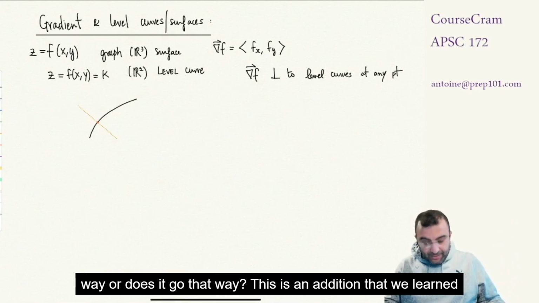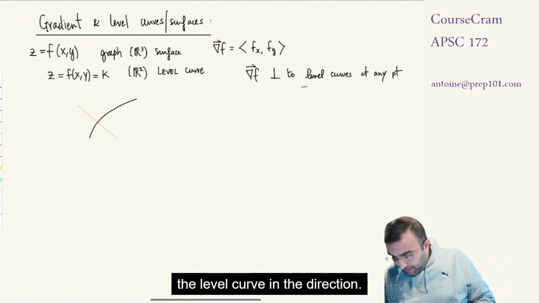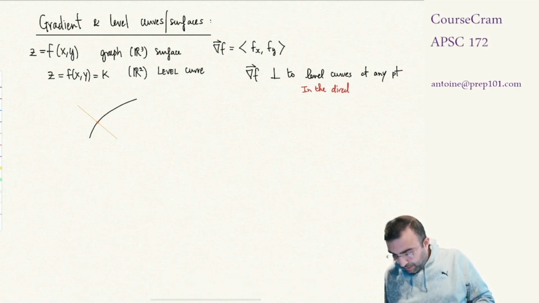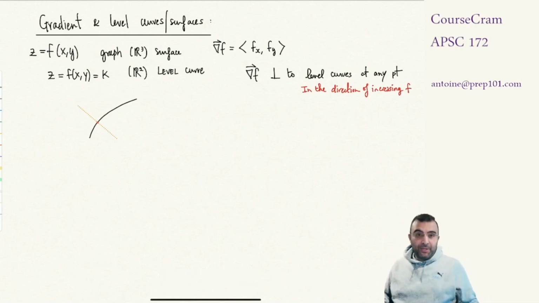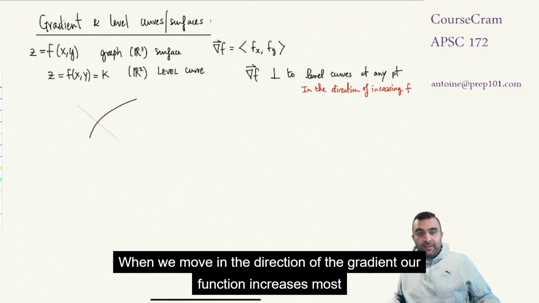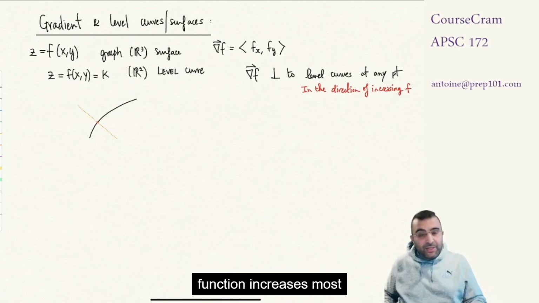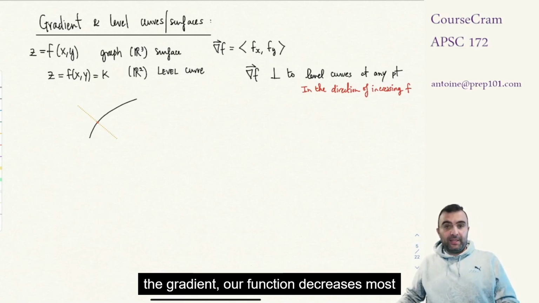This is an addition that we learned from the directional derivatives: it's perpendicular to the level curve in the direction of increasing f or increasing z. Remember, when we move in the direction of the gradient, our function increases most rapidly, and when we move opposite to the gradient, our function decreases most rapidly.